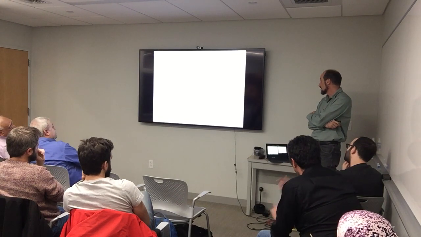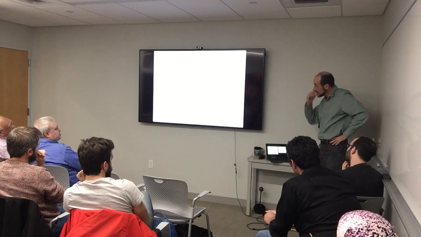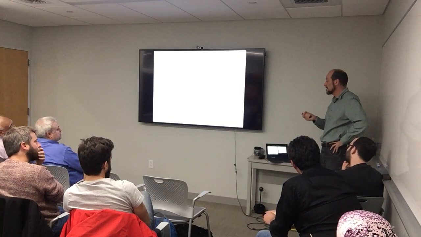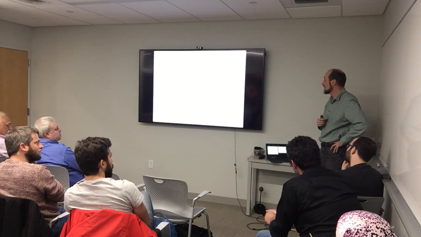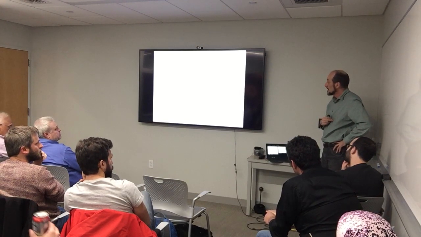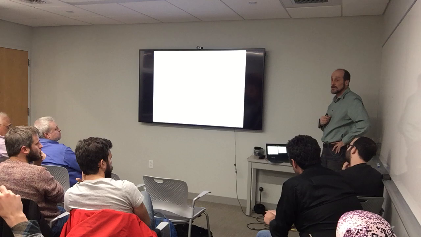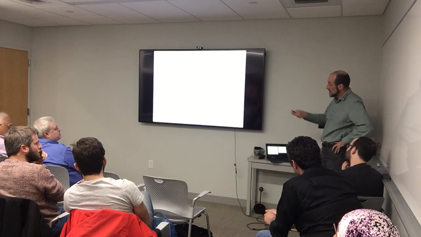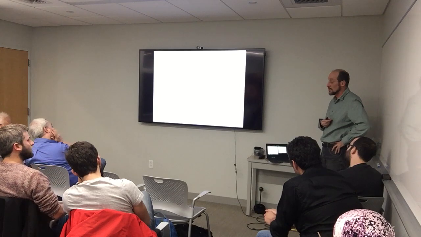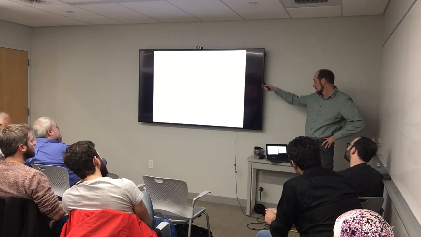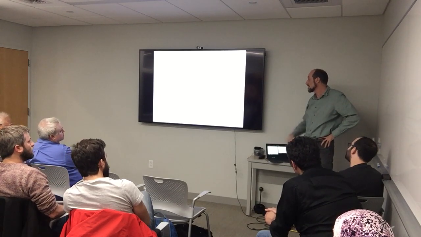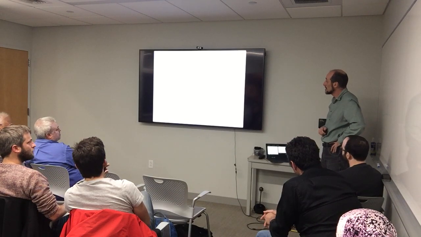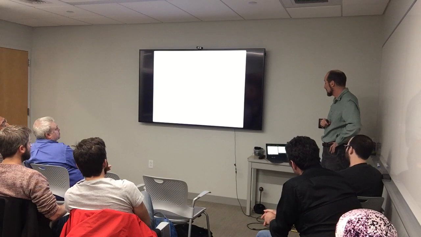Then there's the strong cosmic censorship conjecture, which says that in this case, you can observe a regime of quantum gravity in your past, but maybe you have to jump into a black hole interior. The one that I'm going to talk about today is the weak cosmic censorship conjecture.